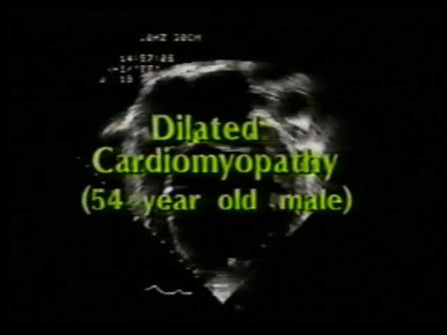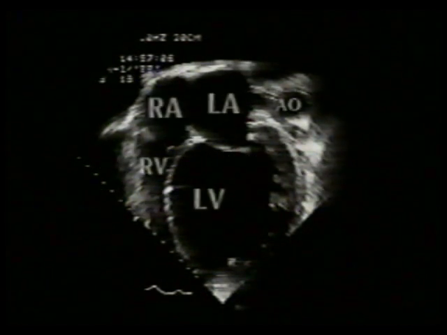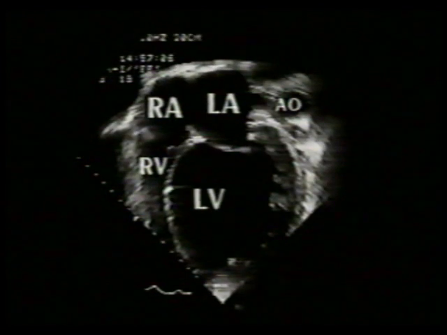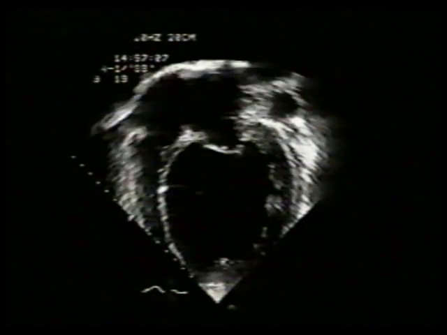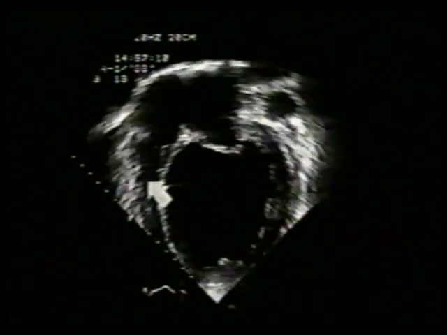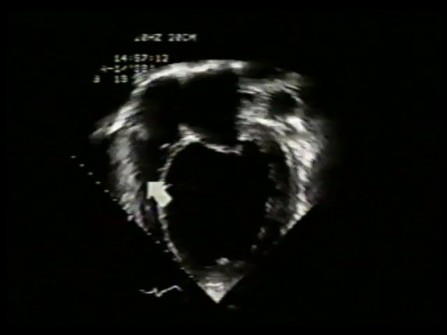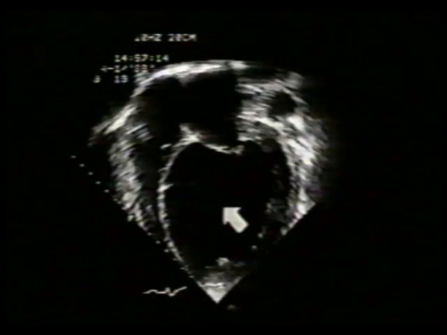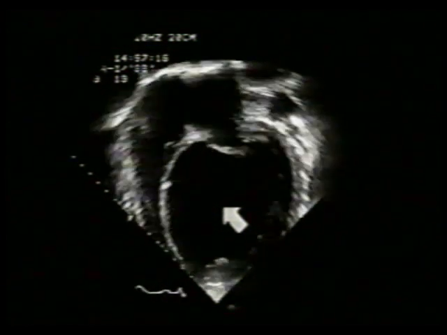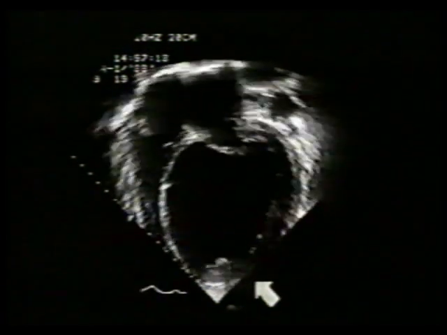This is an apex down four-chamber view from a 54-year-old male with dilated cardiomyopathy. In contrast to the previous case, note that the right ventricle is normal in size, despite the huge left ventricle. Right ventricular systolic function is preserved, while the left ventricular ejection fraction was calculated as 10%.